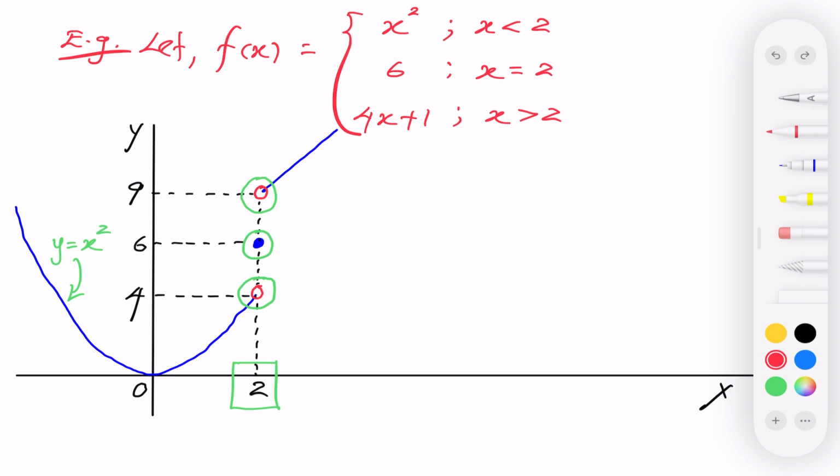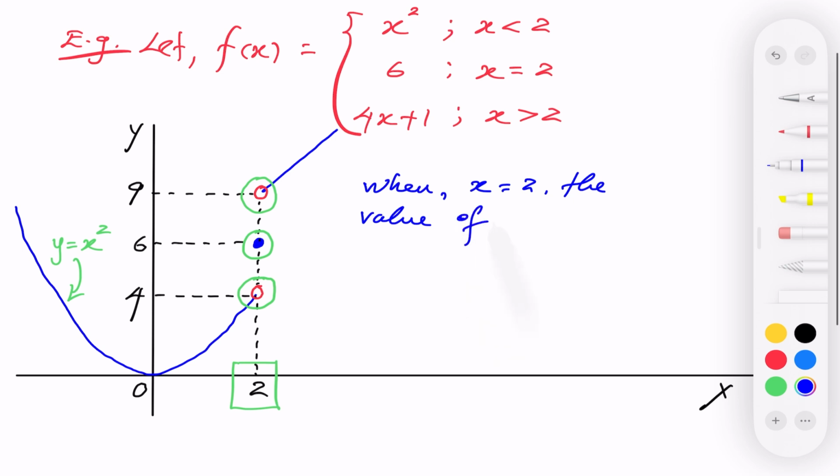Okay, now we need some mathematical language to write down those 3 cases. I will first look at the simplest case right here. The coordinate point 2, 6 is defined on the graph. So I can write it down this way: when x is equal to 2, the value of the function is equal to 6.